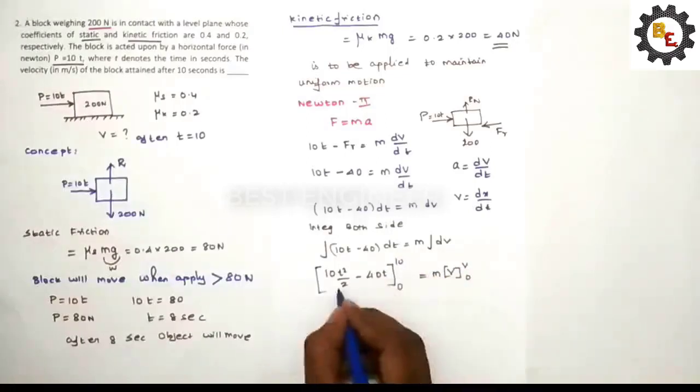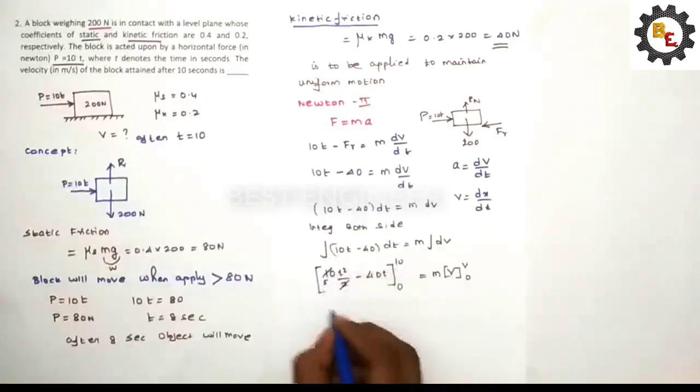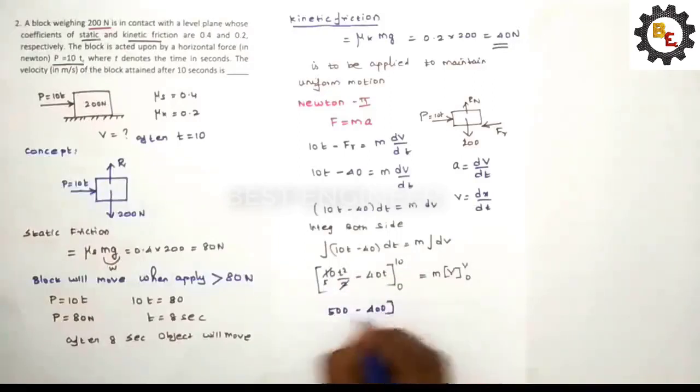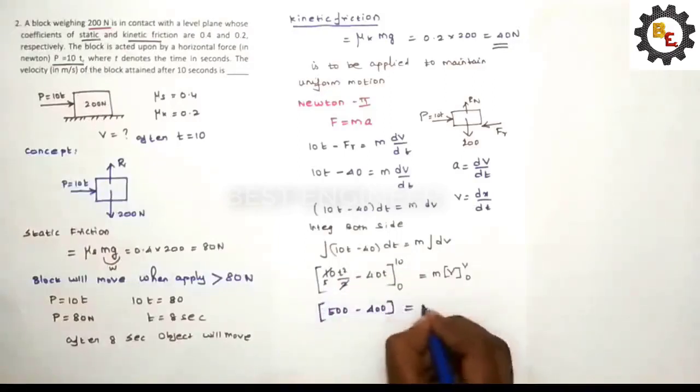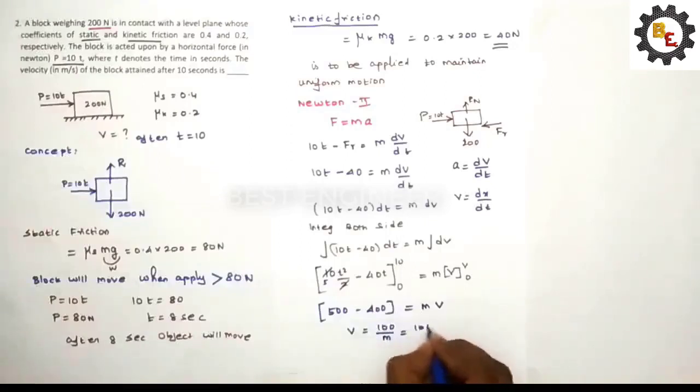Now applying the values, 5 into 10 square, 100, 100 into 5 is 500, minus 400, equals m into v. So v equals 100 divided by m, where m is 200 divided by 9.81.